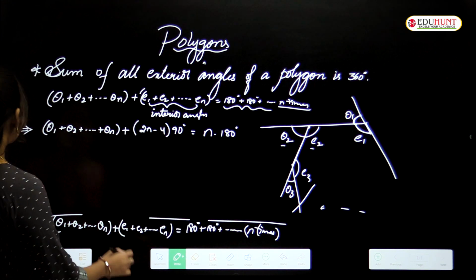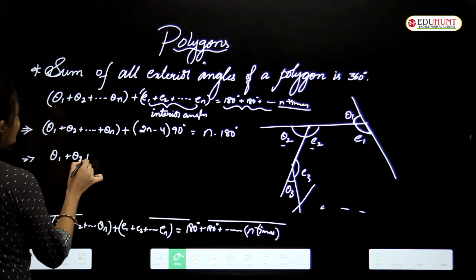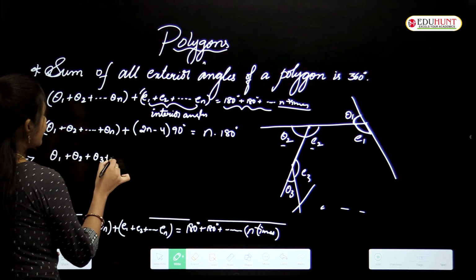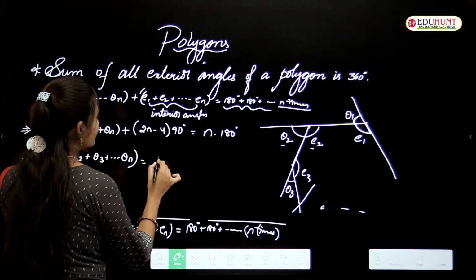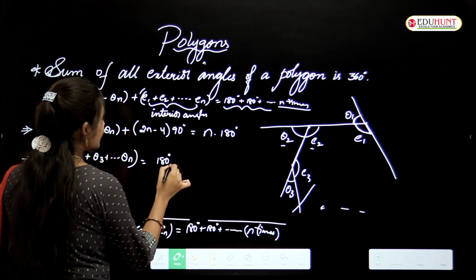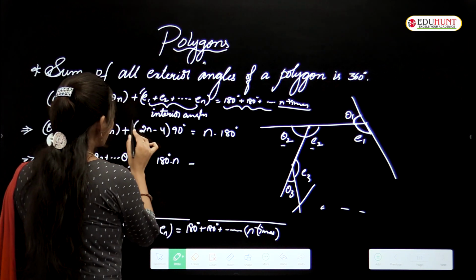Yes or no? Okay, so here theta 1 plus theta 2 plus theta 3 plus and so on up to theta n is equal to 180 degrees into n, which is nothing but n into 180 degrees minus the total interior sum.